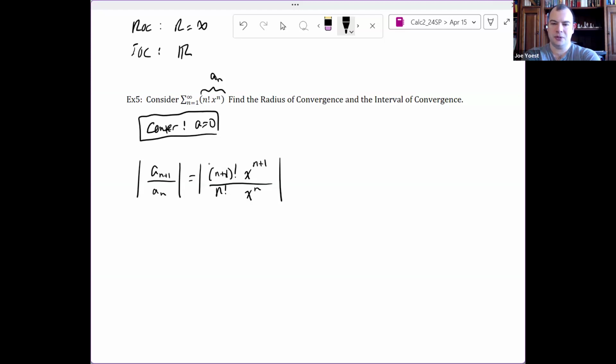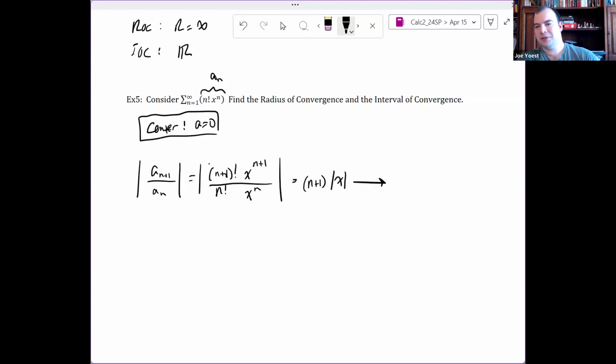I note that n plus 1 factorial over n factorial is just n plus 1. Absolute x to the n plus 1 over x to the n is just absolute x.